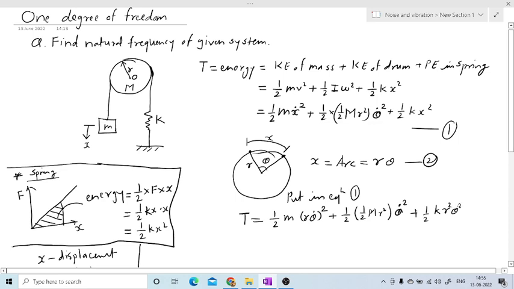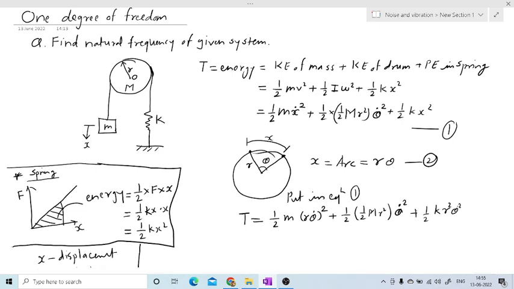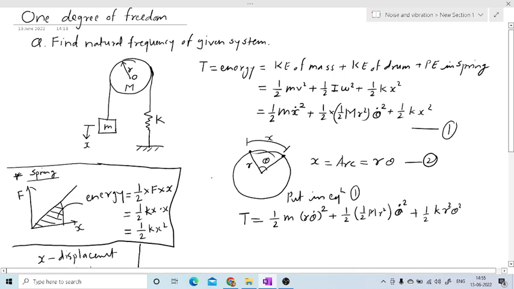Okay. So I have converted the equation 1 into one form, that is x and theta will be converted into theta. So I have the equation in one form. Okay. Now I will rewrite the equation with some modifications.